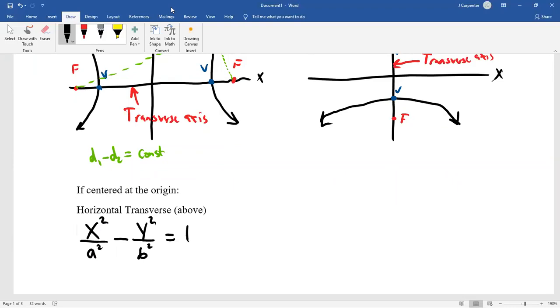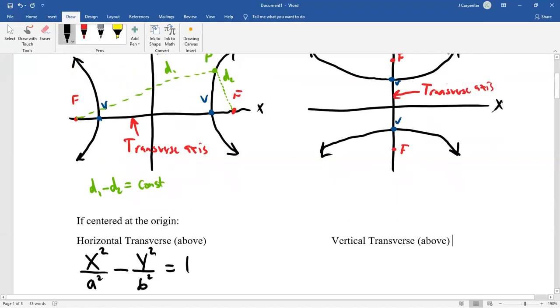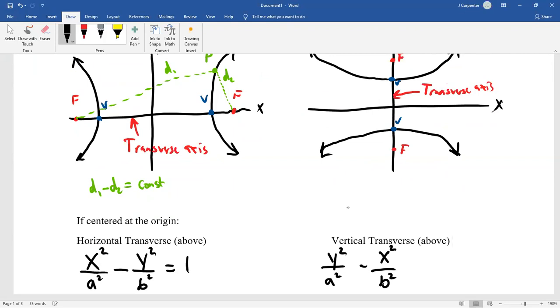So, what about the vertical? Directly above, this goes y squared over a squared minus x squared over b squared equals 1. So this looks just a touch different than what we've seen so far.